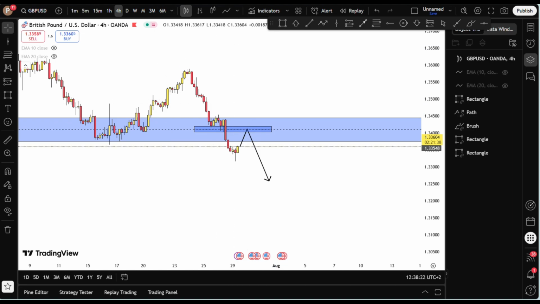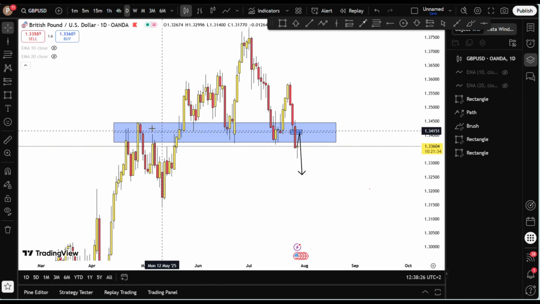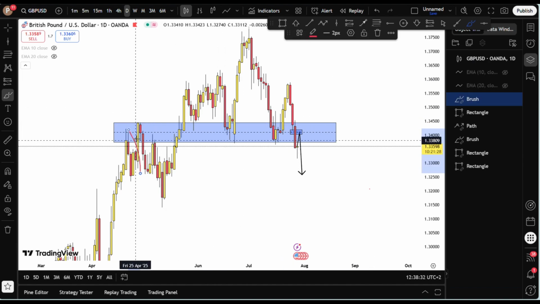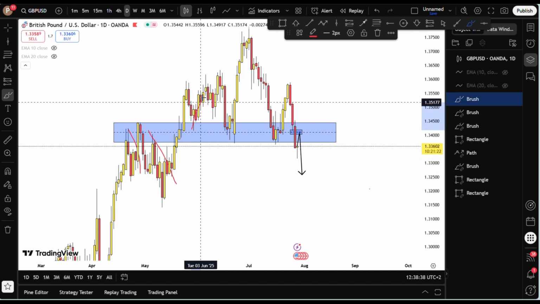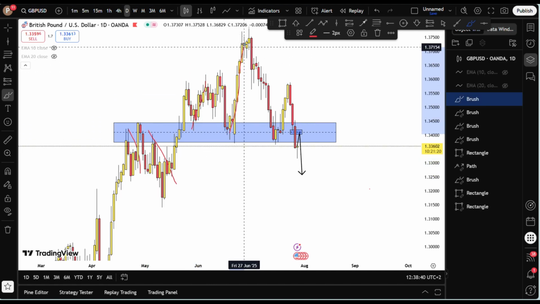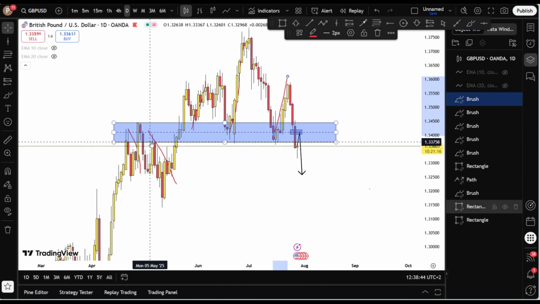So let me explain again one more time. Isn't it that this zone here was resistance? Price came and sold every time touching here and broke to the upside, which now turned it into support. So that's supporting all these buys. Every time it came back here, it bought again, and now it's below again.